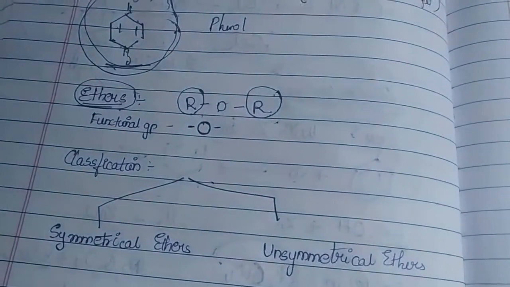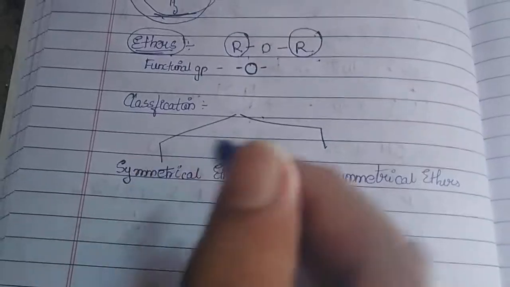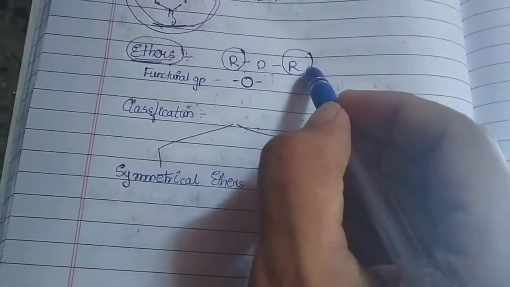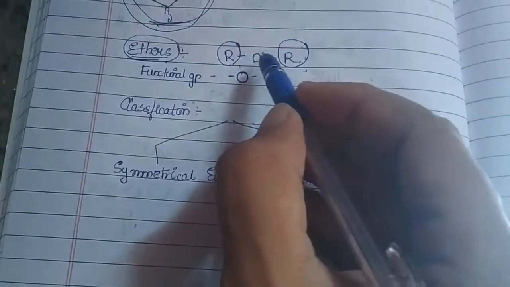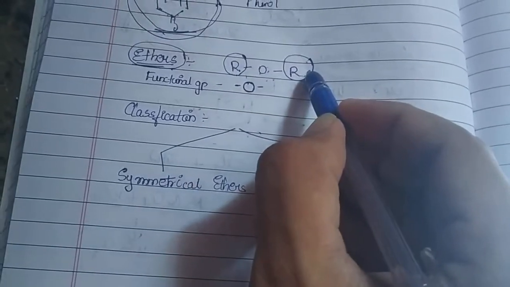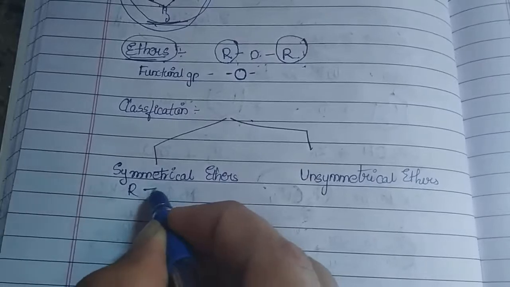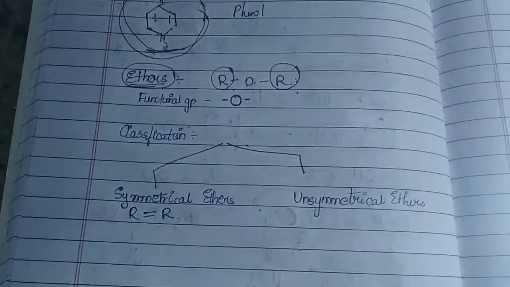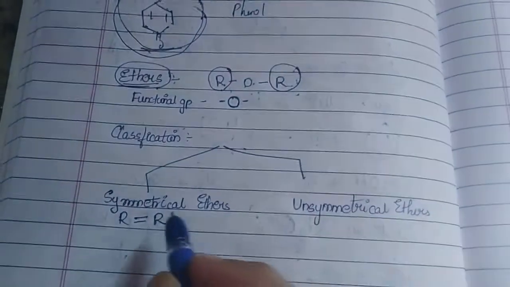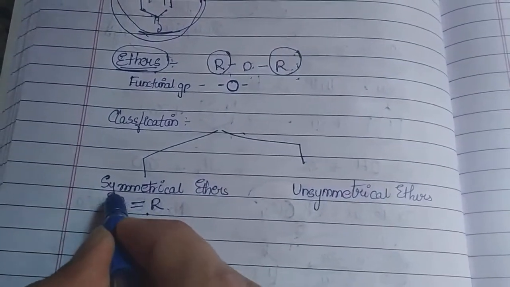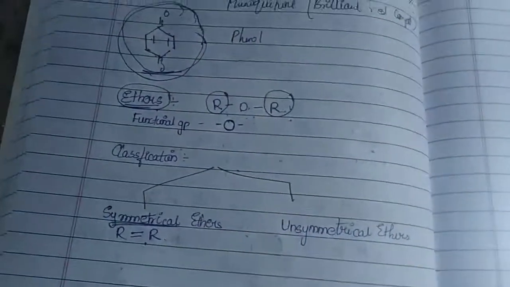If on either side of the oxygen, the two alkyl groups present are equal, then such ethers are called symmetrical ethers.